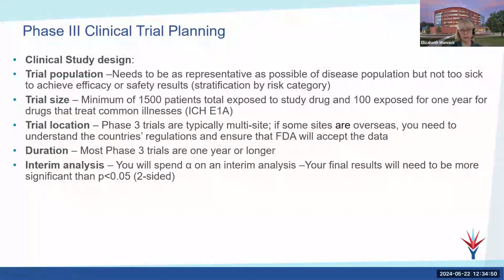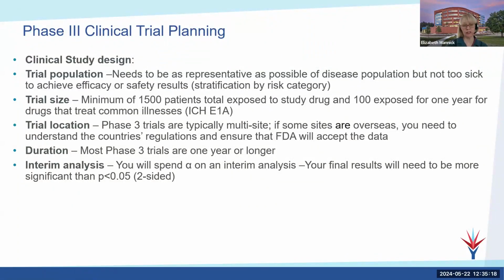And your trial location, again, typically phase 3 trials are multi-site and multinational. Make sure you understand the country's regulations. Also make sure that FDA will accept the data from other countries. Sometimes populations are very homogeneous overseas, and you could get dinged by FDA about lack of clinical trial diversity.